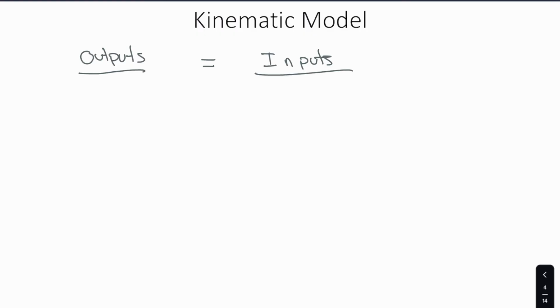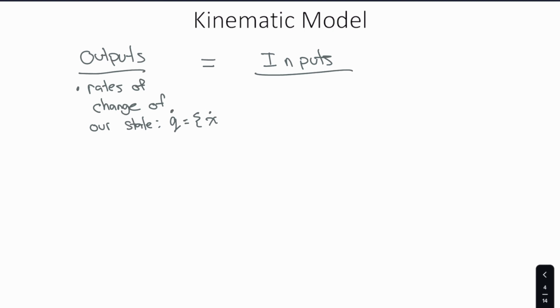Well, in previous lectures, we defined the outputs as our rates of change of essentially the pose, but I'll use the terminology we used before, which was of our state. And we used the symbol Q for the state, which happens to be very similar to the pose we talked about before.